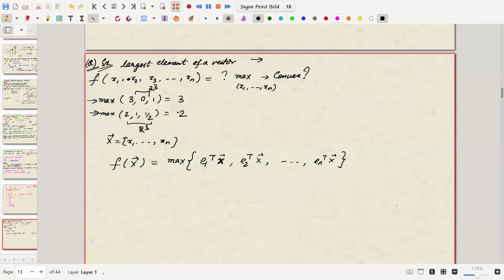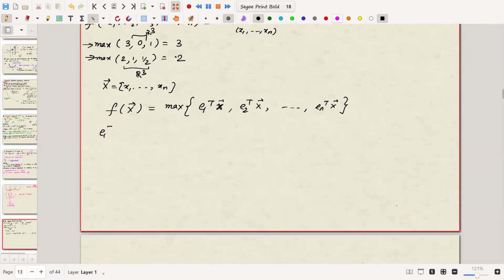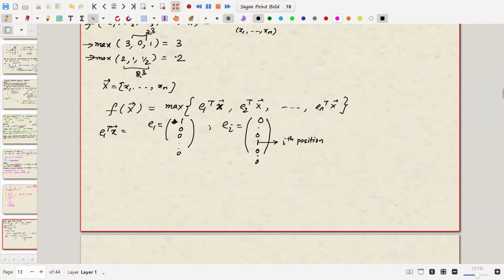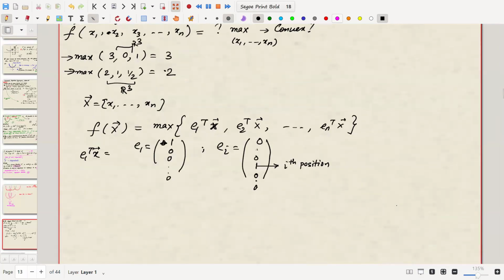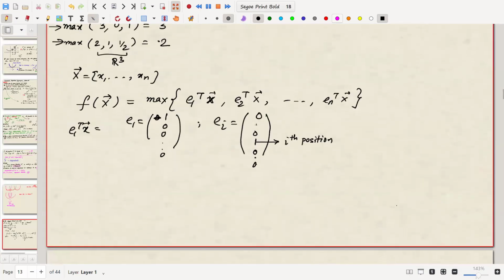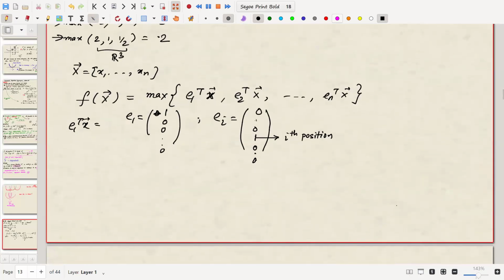If you want to appreciate this, let us take the example of E1 transpose x. What is E1? E1 is nothing but 1, 0, 0, and so on till n zeros. Ei means all entries will be 0 except the ith position, which is 1. Now you know what the Ei vector is.